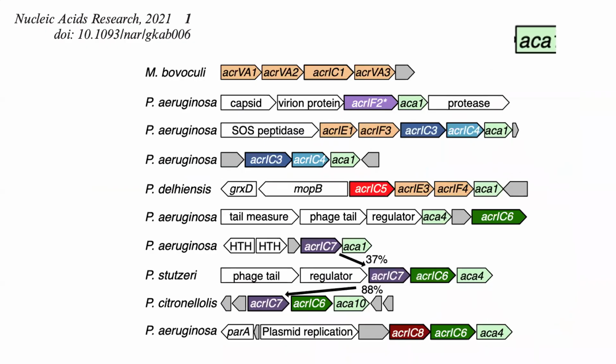Here's a graphical representation of the operons that encode some of the 89 known Acr proteins. As we see here, most of the Acr proteins form gene operons, with Aca shown in light green, also with other Acr proteins shown in other colors.